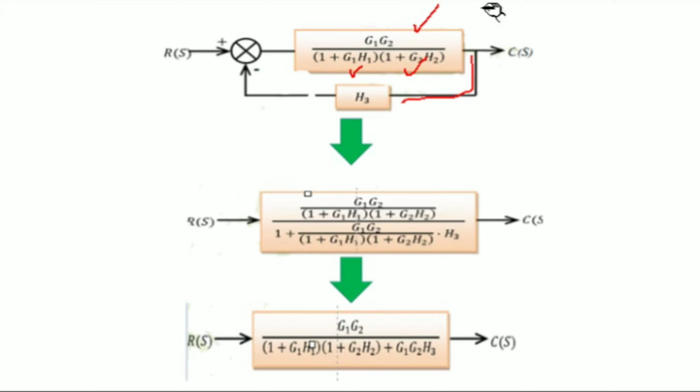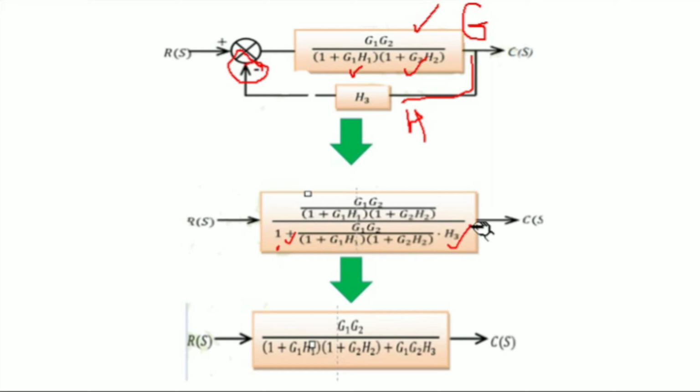See how? Now this total term is G, and this is the term H. So just apply the feedback. So what is G? G1 G2 upon 1 plus G1 into H1 into 1 plus G2 into H2, divided by 1 plus, because negative feedback is provided here so it becomes plus, into G, where G is the total term, so G1 G2 upon 1 plus G1 into H1 into 1 plus G2 into H2, into H3.